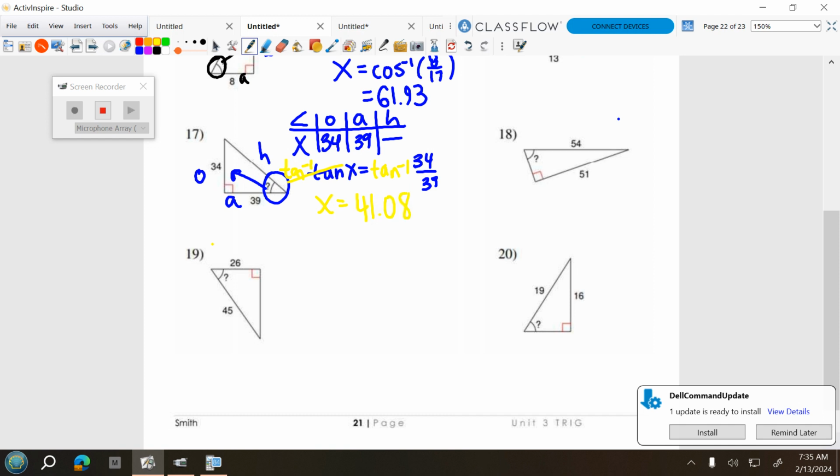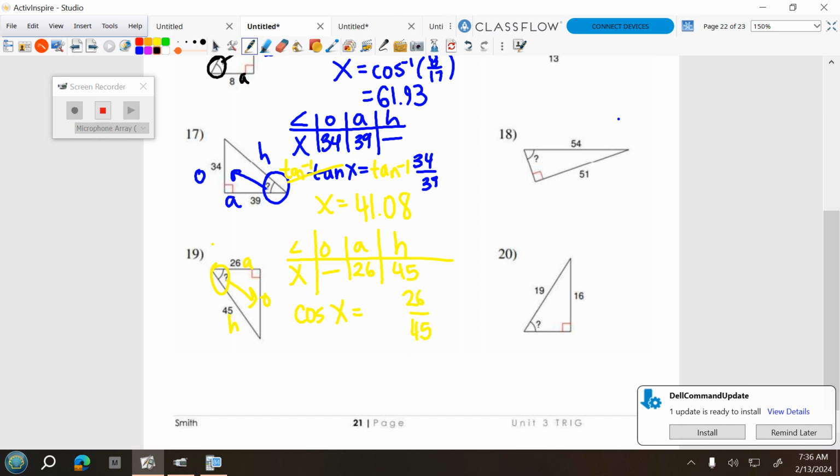Last one. Opposite, hypotenuse, adjacent. So I'm making a box of knowledge. Opposite, adjacent, hypotenuse, x, 26, and 45. I get the cosine of x equals 26 over 45.